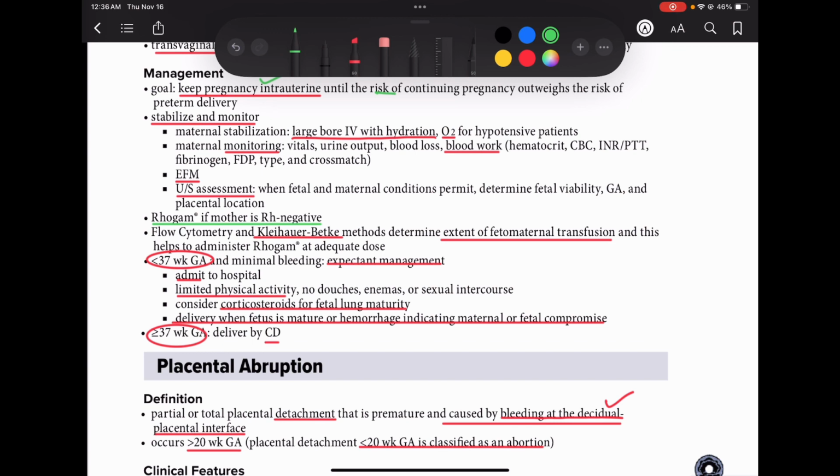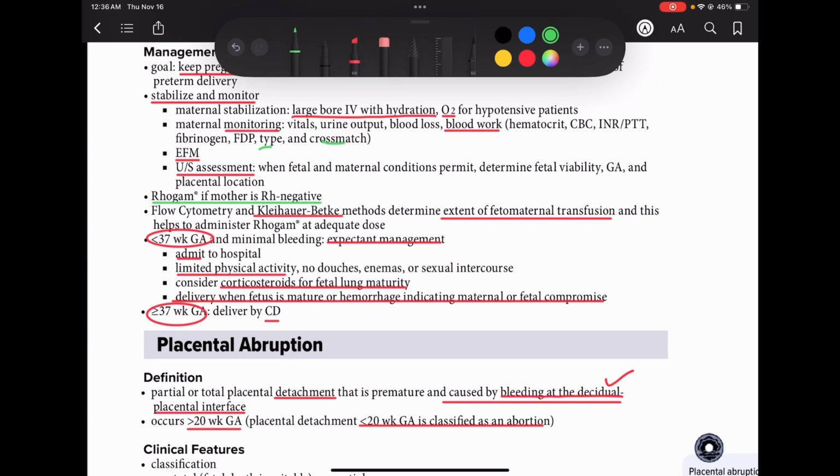You might need blood at any time, so do a crossmatch and type, and be prepared for it. Look at the external fetal monitoring and continue ultrasound assessment to determine fetal viability, gestational age, and placental location. So you're stabilizing and monitoring, and giving RhoGAM to Rh negative mothers.